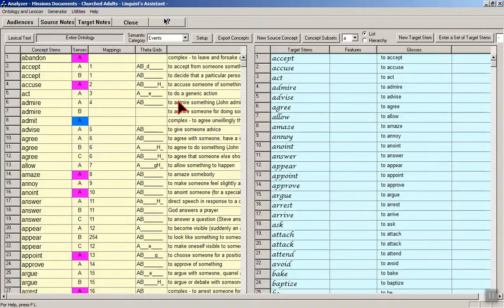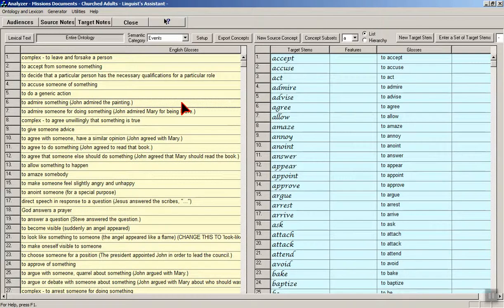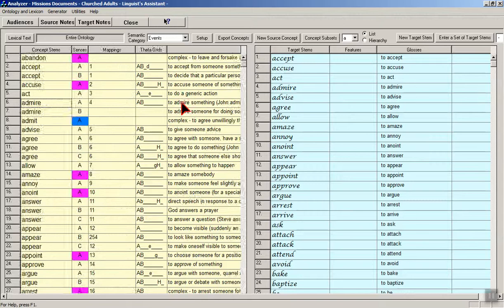If I put it in the fourth column, you can see it says to admire something. Now I can't see everything that's written there, but if I click in that section and then use the right arrow, I can see the rest of it. To admire something. John admired the painting. Okay, so now I push the left arrow to get back to the original view.